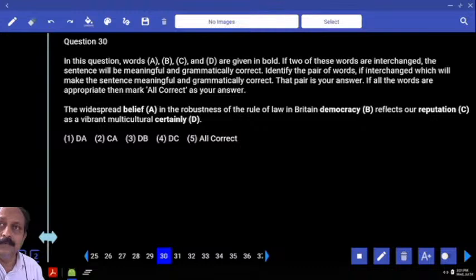The last one. The widespread belief in the robustness. Robust means what? Strong. Of the rule of law in Britain, democracy reflects our reputation as a vibrant, multicultural. Can you say vibrant? Vibrant means active, lively. Multicultural, certainly. No, certainly is what? Adverb.